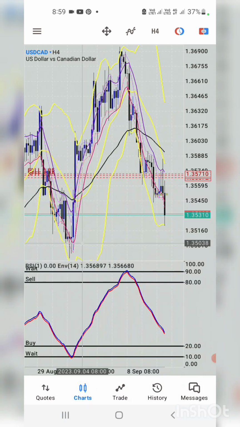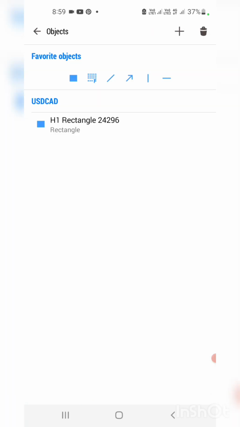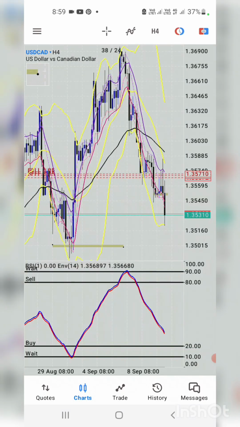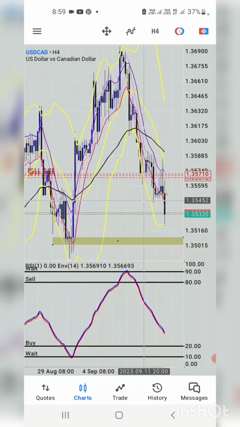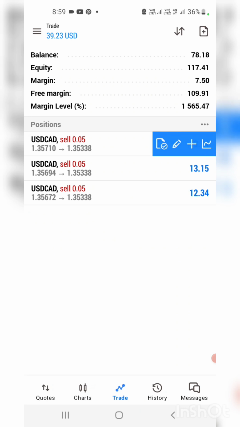So I think price will come first to take this demand zone, and then price will go down further because we have a very powerful demand zone below. According to RSI, price should decrease further, but I will close some positions here first.